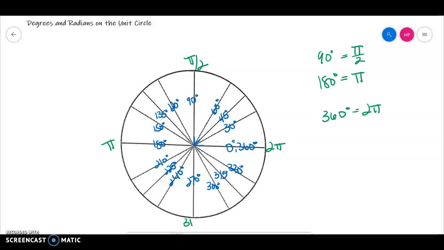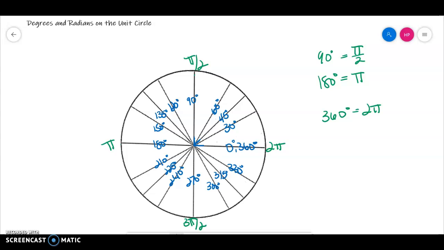And so that's why I end up with 3 pi over 2 at the bottom, because that is essentially my 1.5. So I start at 0 degrees or 0 radians, and I go to a half, a whole, 1.5, and then 2 as I work my way around to each of these 4 parts of the circle.